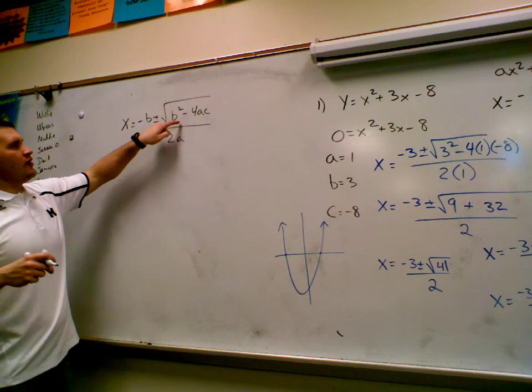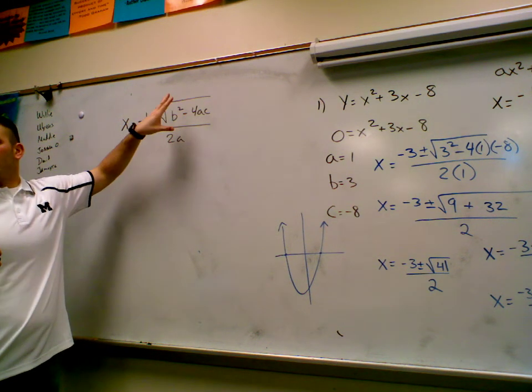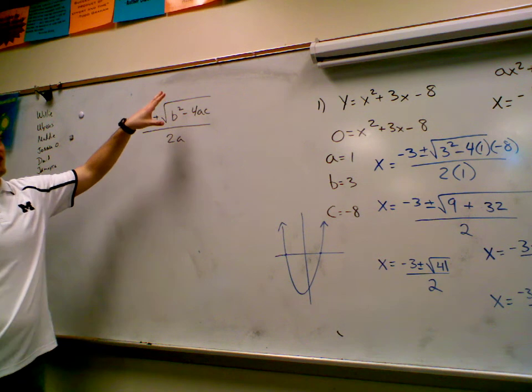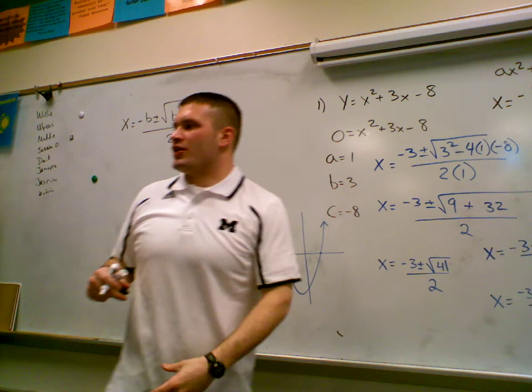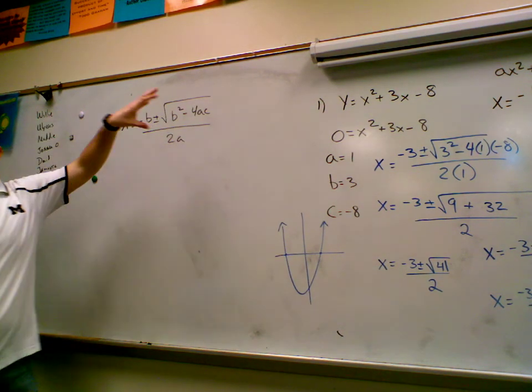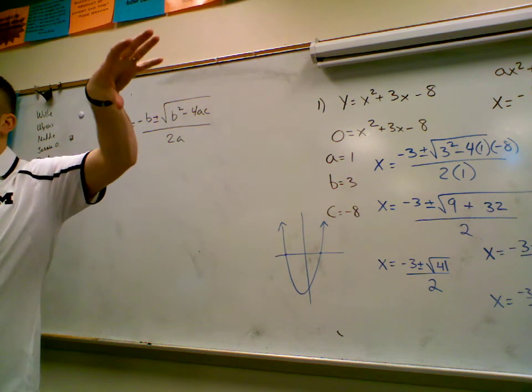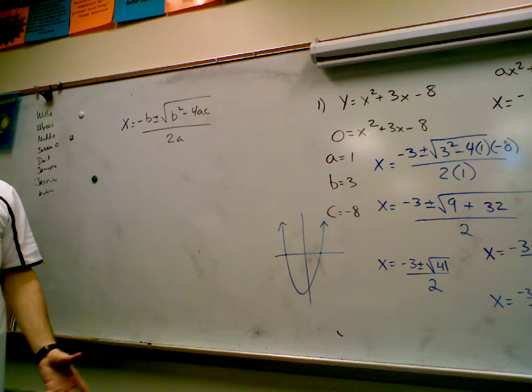In number 1, this b squared minus 4ac, the stuff under the radical, was it positive or negative? Positive. We had positive 41, right? In number 2, this stuff under the radical was negative. Did we have any solutions?